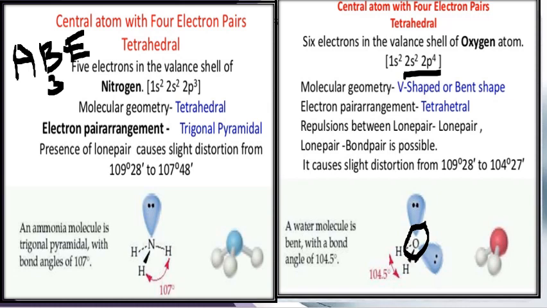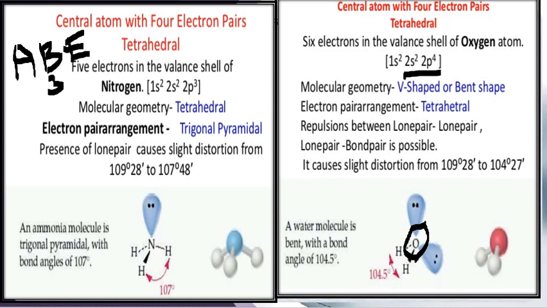So there can be 3 types of repulsions found in it: lone pair to lone pair, lone pair to bond pair, and bond pair to bond pair repulsion. Here the tetrahedral geometry changes to a V-shaped or bent or angular geometry.